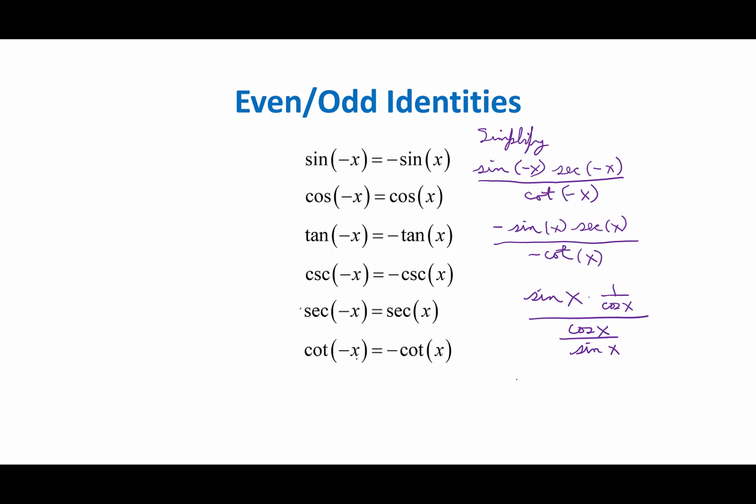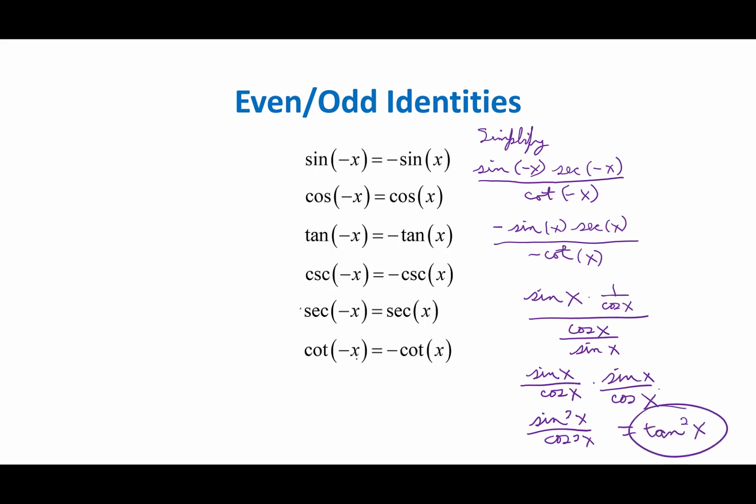In the numerator here, we have sine of x over cosine x divided by cosine of x over sine of x, which would be the same as multiplying by sine x over cosine x. We end up with sine squared x over cosine squared x. And that simplifies to simply give us tangent squared of x.